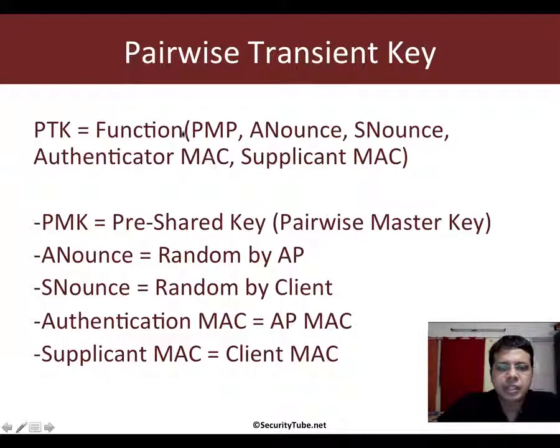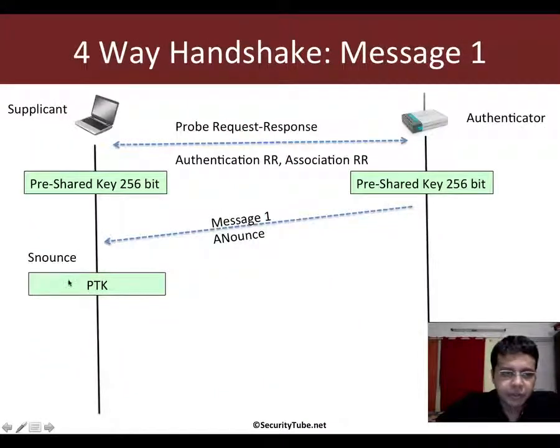This is actually the PMK, the authenticator nonce, the supplicant nonce. If you notice, the authenticator nonce was sent by the access point, supplicant nonce by the supplicant, the authenticator MAC address, and the supplicant MAC address. And at this point, the client knows the authenticator nonce because it was received as part of message 1.